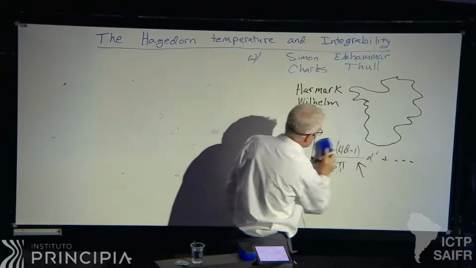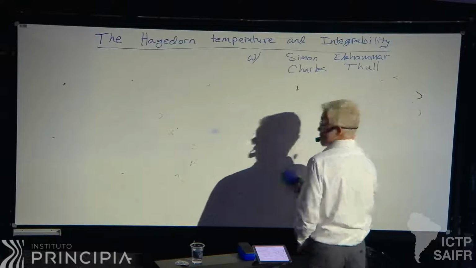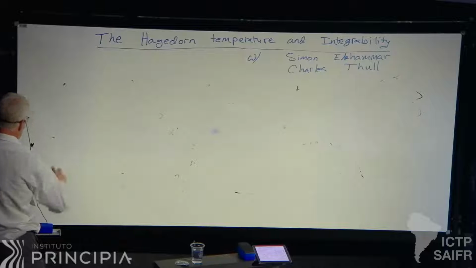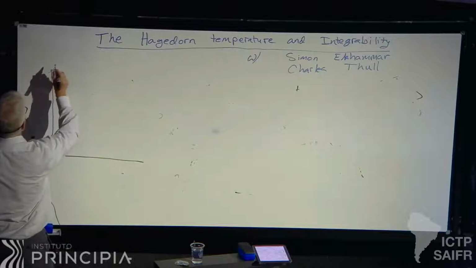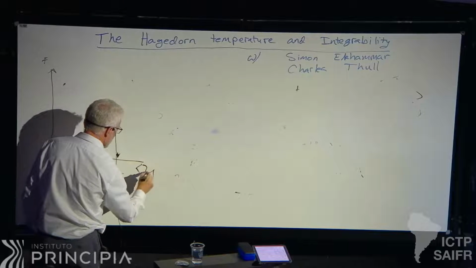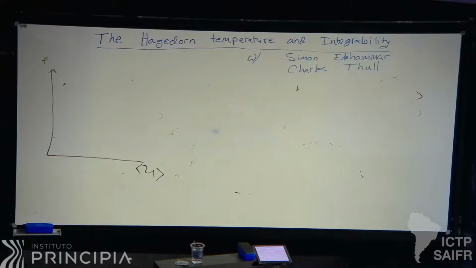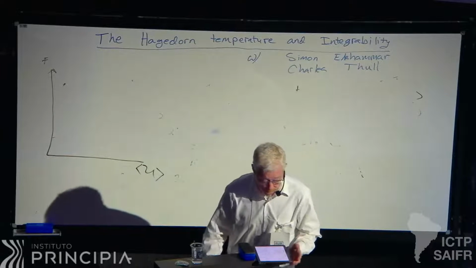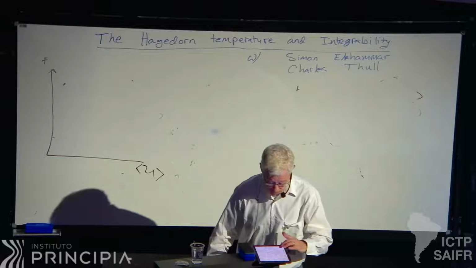Okay, so basically what's happening is that if I draw a graph of the free energy versus U, where this is, say, the expectation value of these U values up here, these gauge variables here.